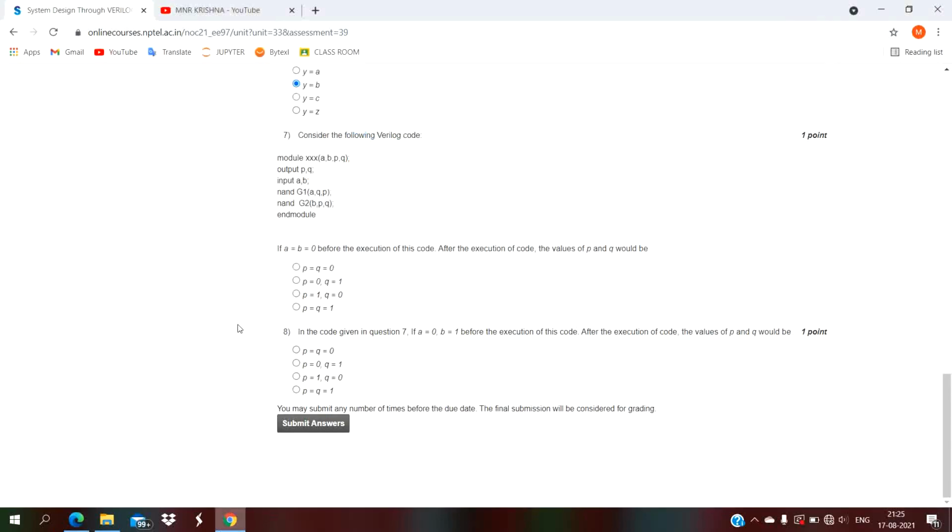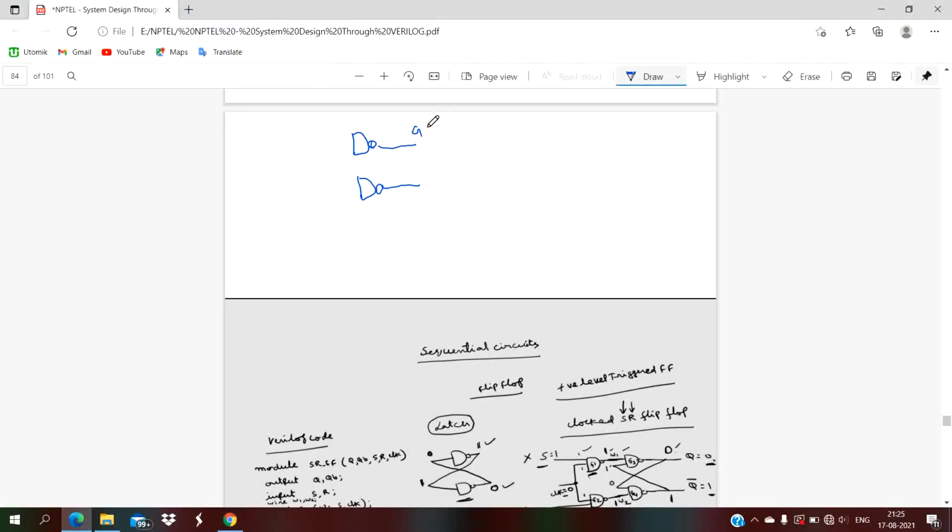I think the equation, let us try. A is equal to 0 in the question, B is equal to 0.